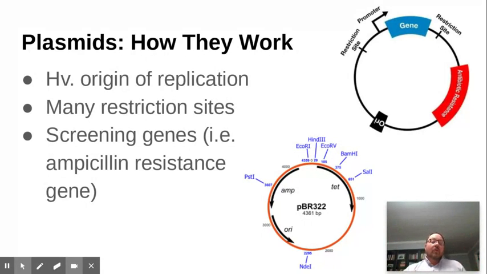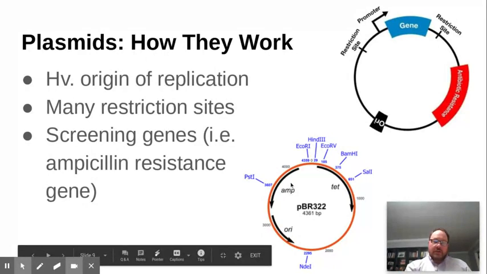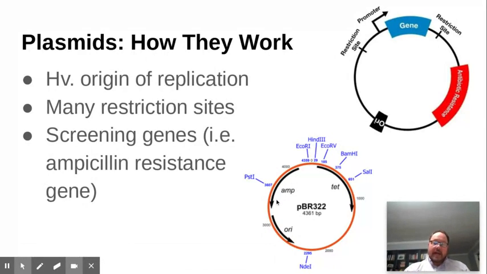Another thing you want is what's called a screening gene. In this case, it's an ampicillin resistance gene. So this is a plasmid that will allow the bacteria to grow in the presence of the antibiotic ampicillin. So you'll have the ampicillin resistance gene, and then let's say you cut with EcoR1, you'll open up the plasmid.